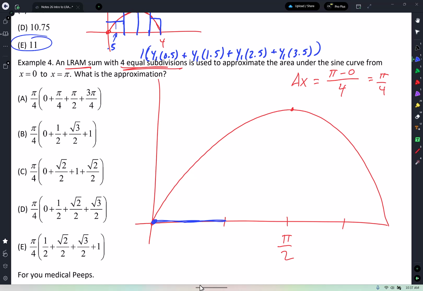Here's your second rectangle. I'm using the leftmost, guys. Here's your third rectangle. Here's your fourth rectangle.